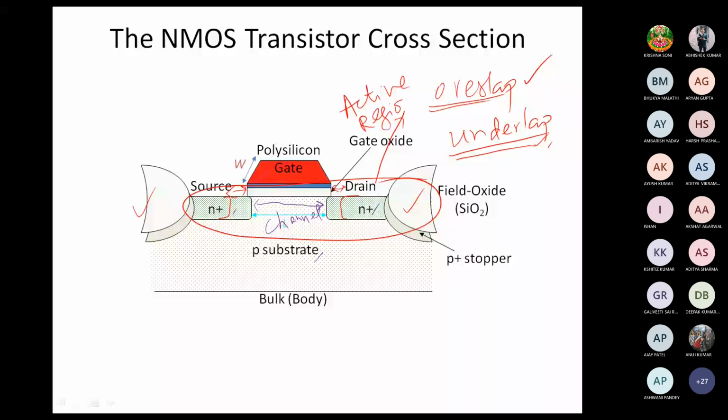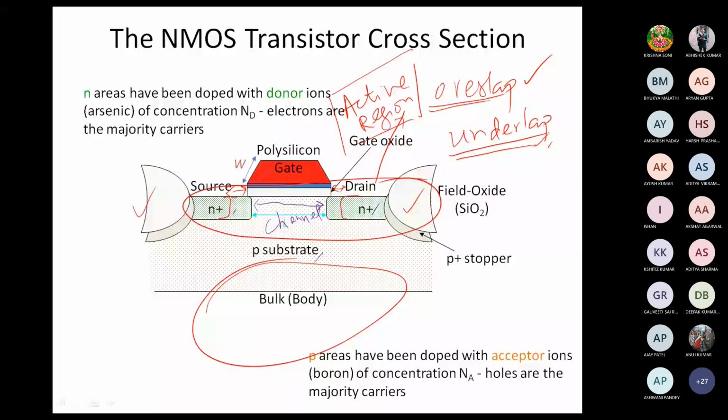That is the most important part. The current doesn't flow through the bulk, the body side. Just some remarks about how we form this N region and P region, that is understood.